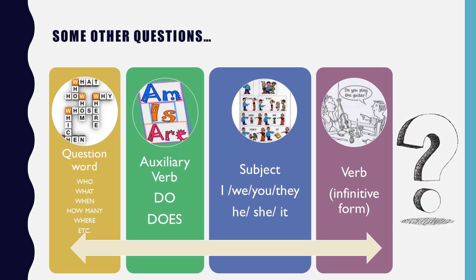And after the subject, we are going to have a verb, the main verb, in the infinitive form, in the base form. So the word order is similar in a way to when we use only the verb to be up to the subject part. We are going to have question word, auxiliary verb, and subject, but in this case we are going to add another verb.